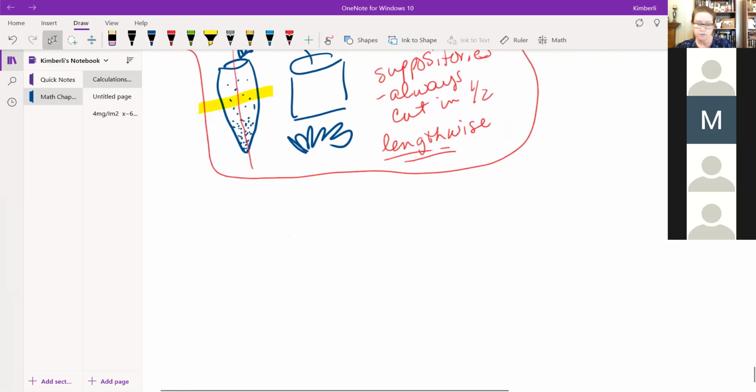Okay, so an elixir has more alcohol, a syrup has more sugar. What about a tincture? What is a tincture?